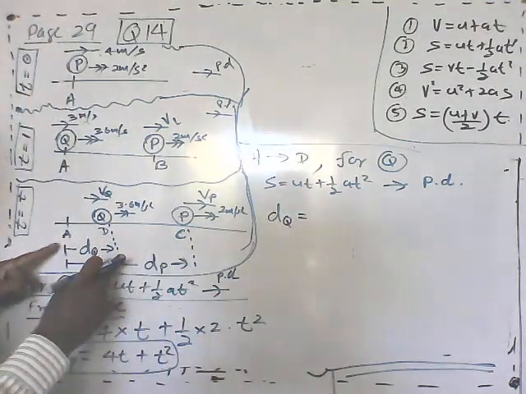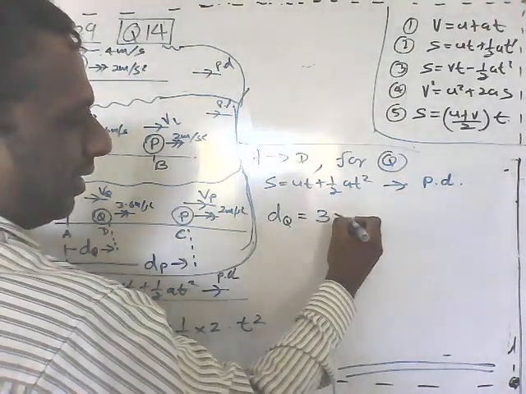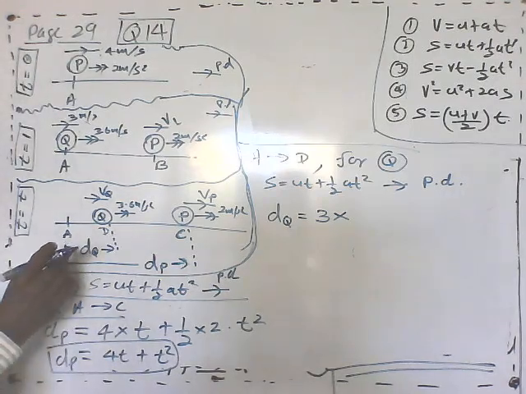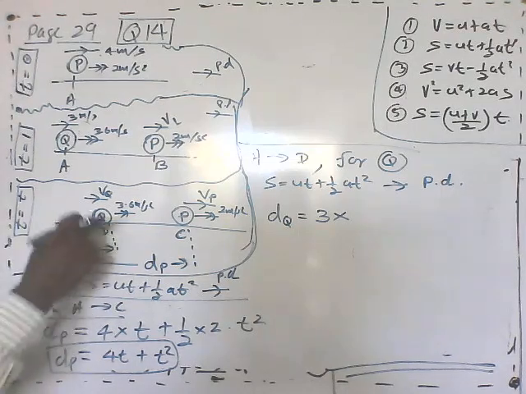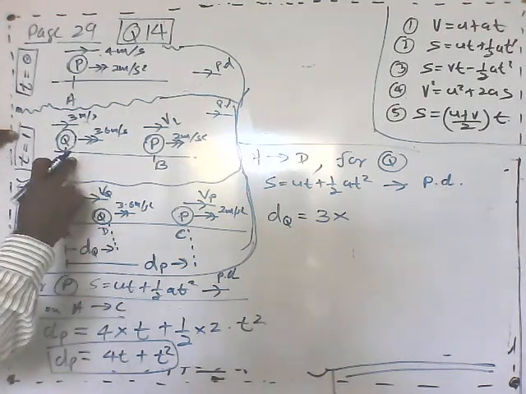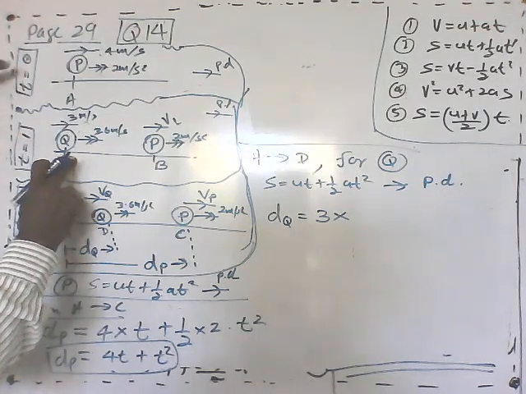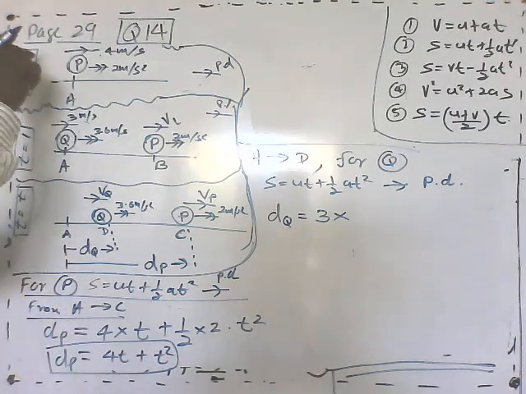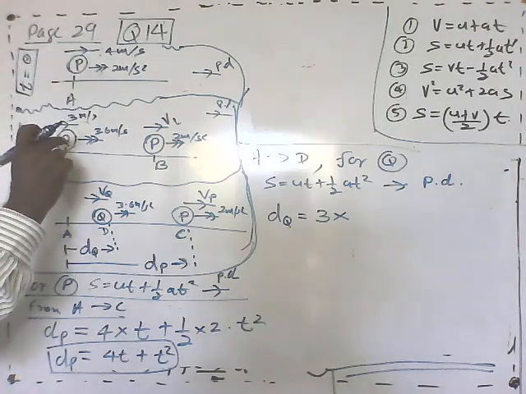What was his initial velocity? He passed A with 3 meters per second, 3 into how long. Now this is a very tricky one: how long he took to travel from A to D. Q actually comes into the scene when the time was 1 second. So at the 0th second this fellow comes here, and after 1 second he will come here.